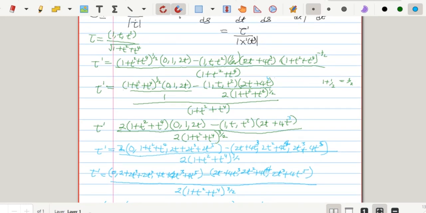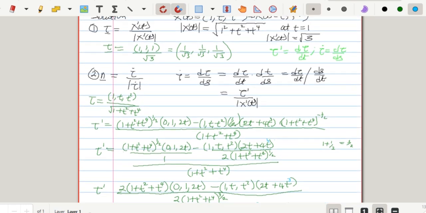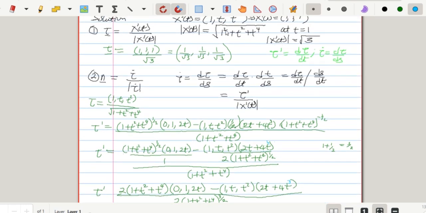We have it to be tau prime, tau prime divided by this, and we had x of this to be equal to this here.